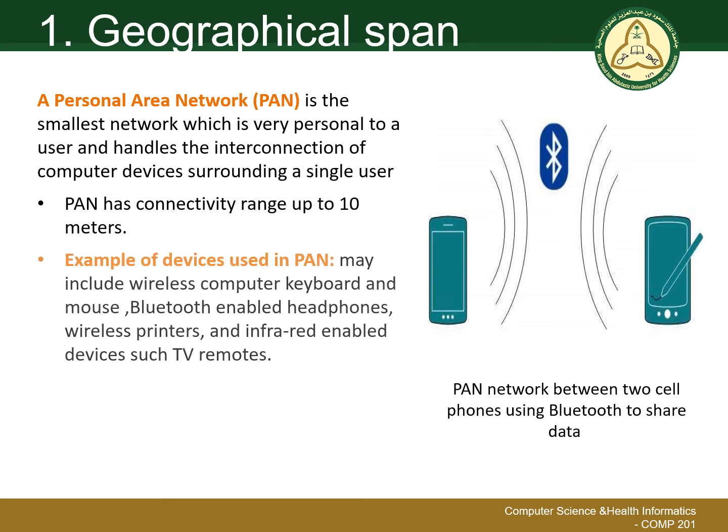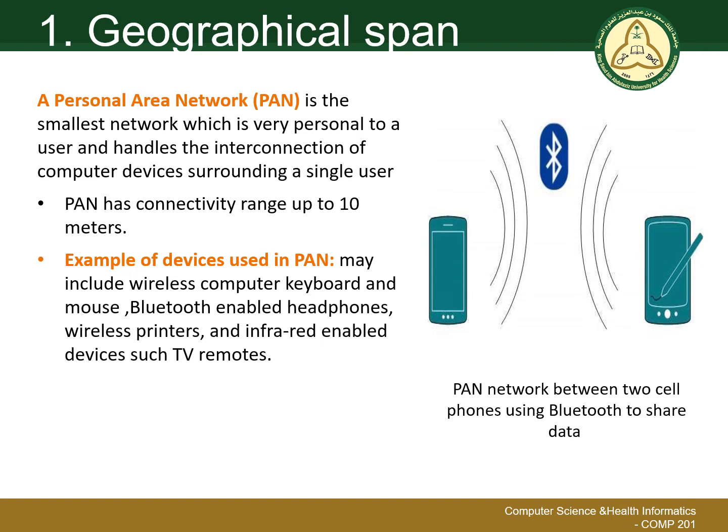The personal area network connectivity range is up to 10 meters. If the distance between the sending and receiving device is more than 10 meters, you might start having problems. So the standard distance between the sending and receiving device is usually 10 meters.